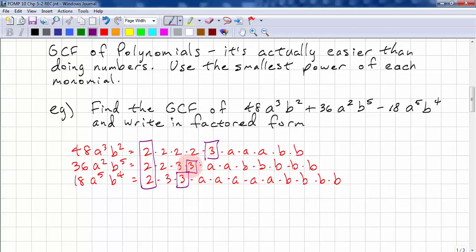So we have 2 3s, we have a single 3, so we only mark a single 3. And then we have 2 a's. That's our smallest power. And then we have 2 b's. So I'll just take the last ones. Doesn't matter which one you take.